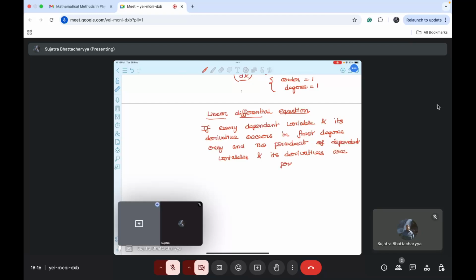So what is a dependent variable? Suppose y is a dependent variable on some independent parameter x. This definition is showing certain conditions to have linearity. If any of these conditions is not satisfied, then it becomes a non-linear differential equation.